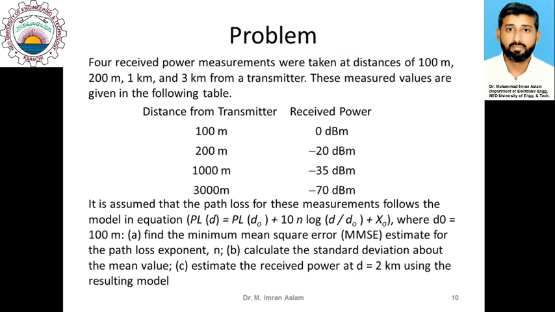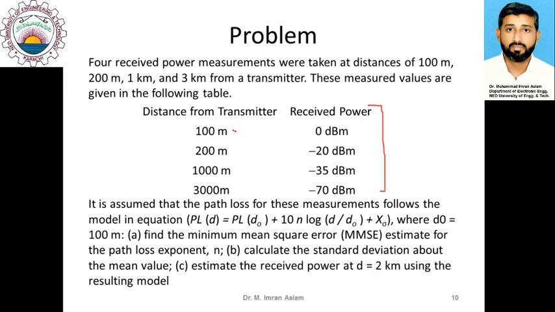So let us take a problem where we calculate the value of the path loss index as well as the standard deviation of the random variation, if we have some measurement results. We have 4 received power measurements which are illustrated here.